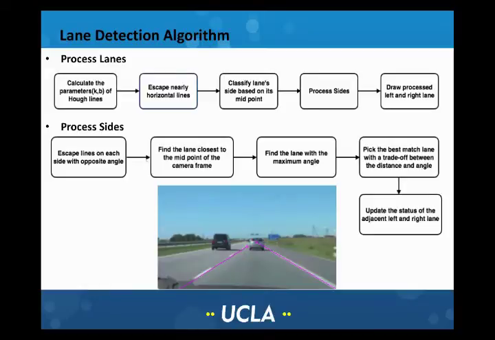Then we find the lane close to the midpoint of the camera frame, and also the lane with the maximum angle. Since we have two metrics, we need to pick the best match lane with a trade-off between the distance and the angle metric. After finding the best match lane, we can update the status of the adjacent left and right lane.